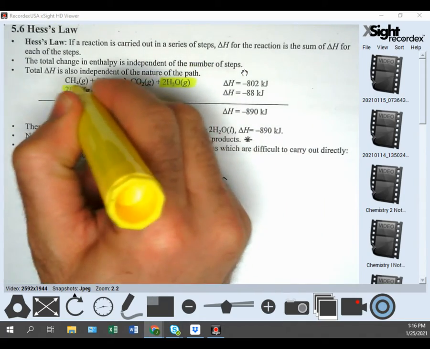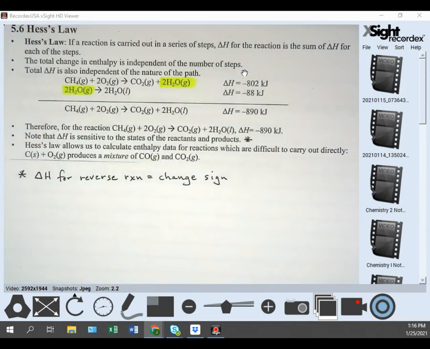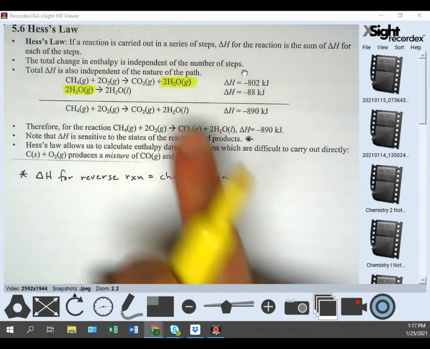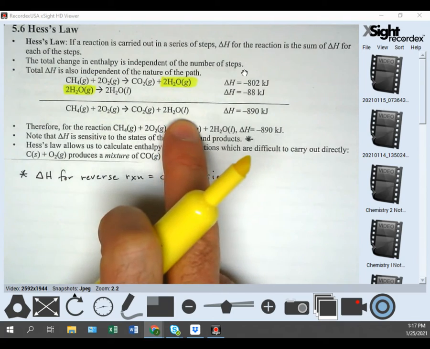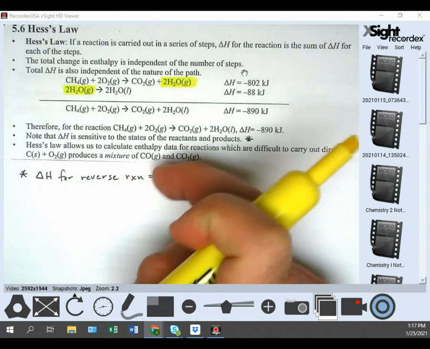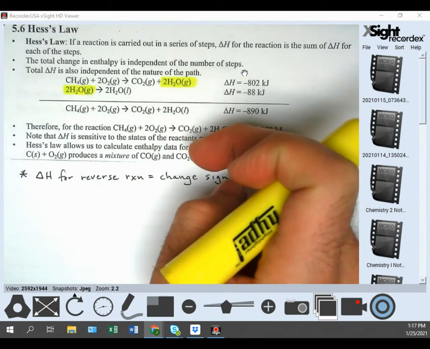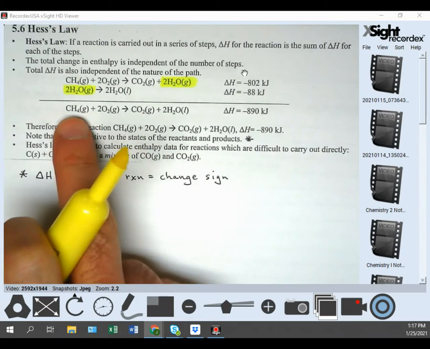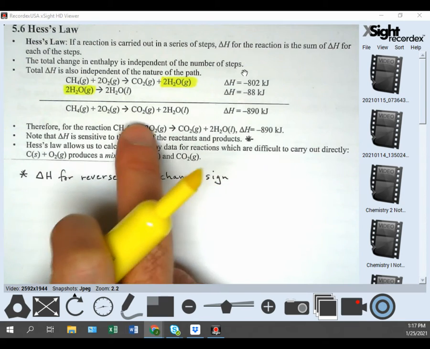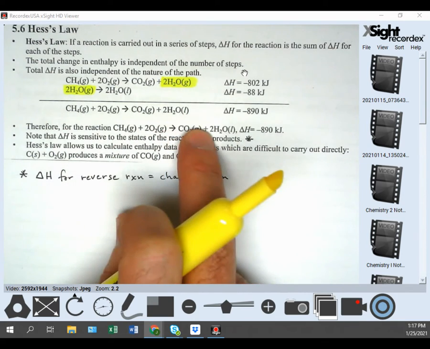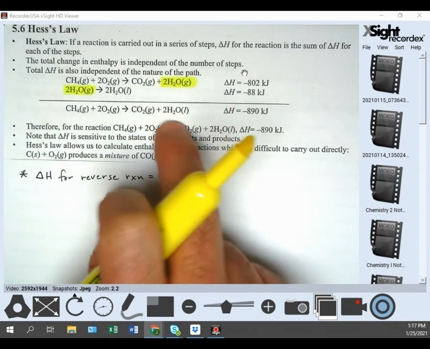And then in the second one, that gas turns to a liquid. So if we look down here, what they've done in this bottom is they've almost added them up. They've combined the two equations. And what you have is the beginning reactants, and the overall final product after both of these occur.